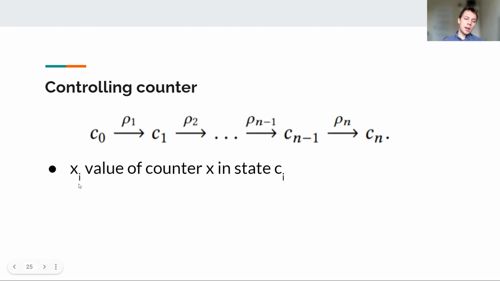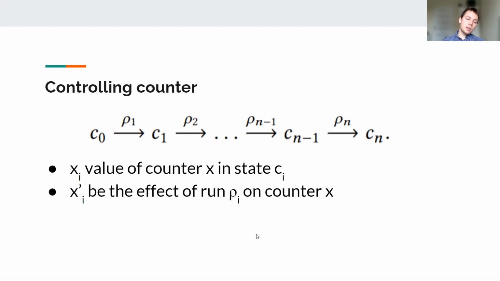So let xi be the value of counter x in state ci. We know that x is 0 in c0, and we want x to be 0 in c1 up to cn. Let xi prime be the effect of run rho i on counter x.